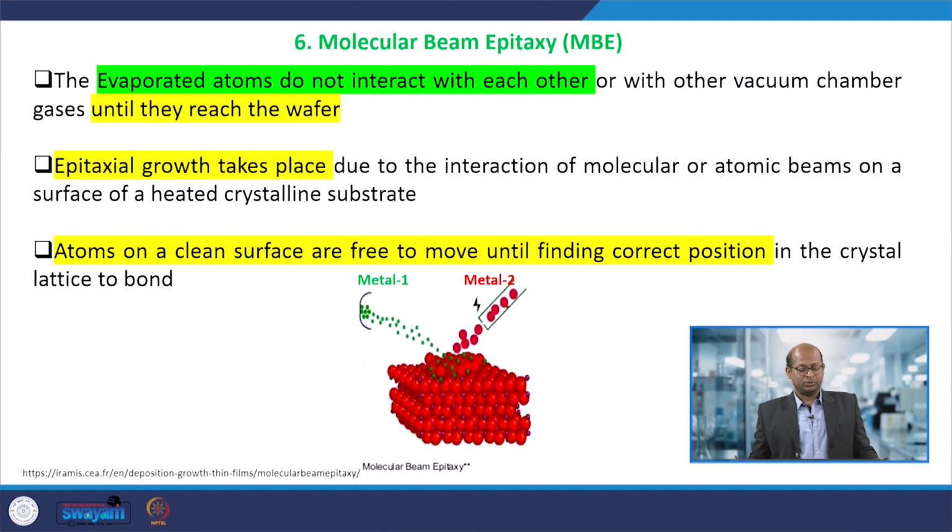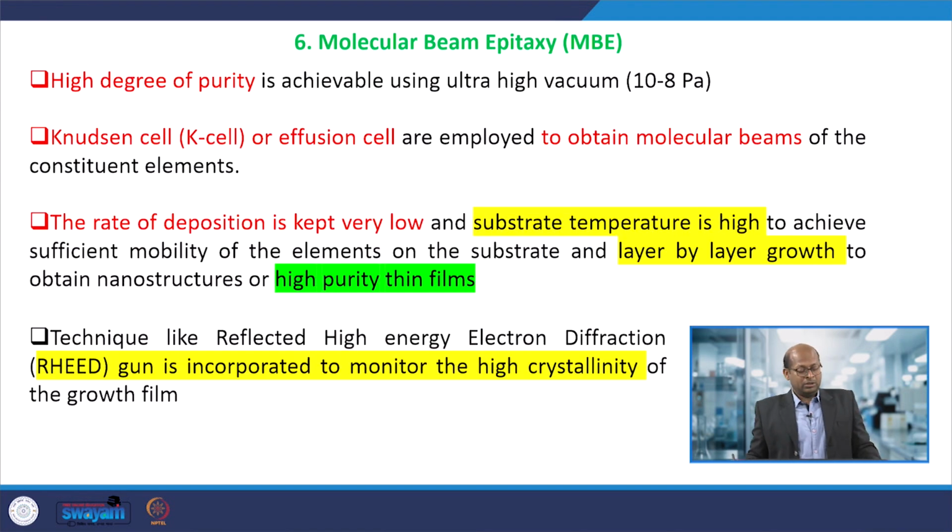So, here you can see the evaporated atoms don't interact with each other in the vacuum chamber we are using. Until they reach the wafers, these metal atoms fall and are deposited on the particular surface. So, a high degree of purity is achievable through this process, molecular beam epitaxy.